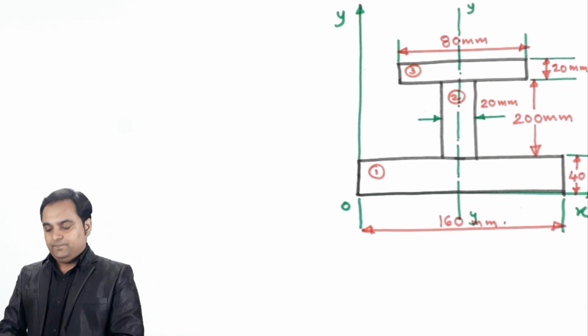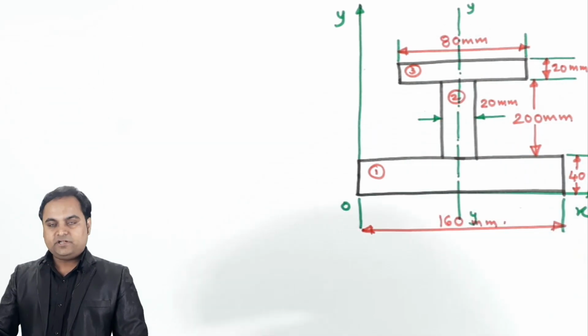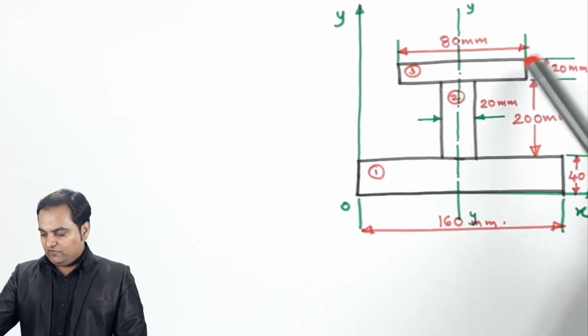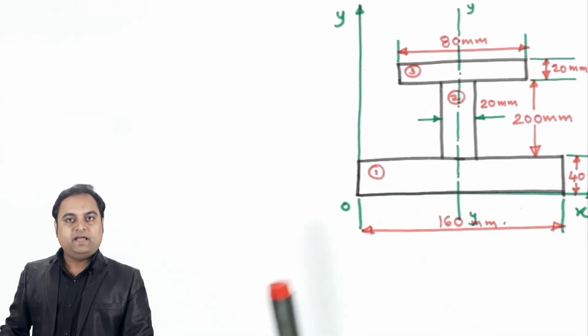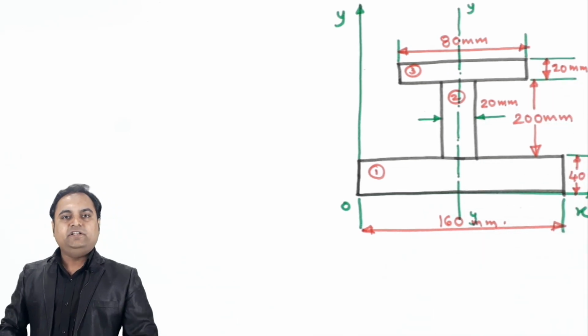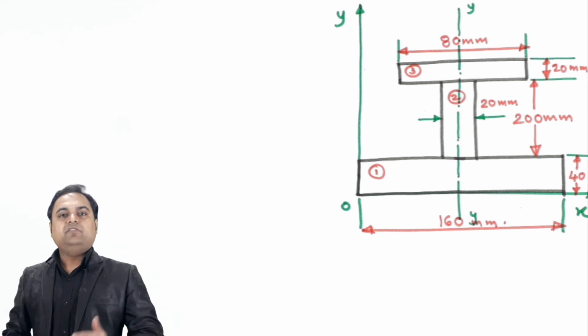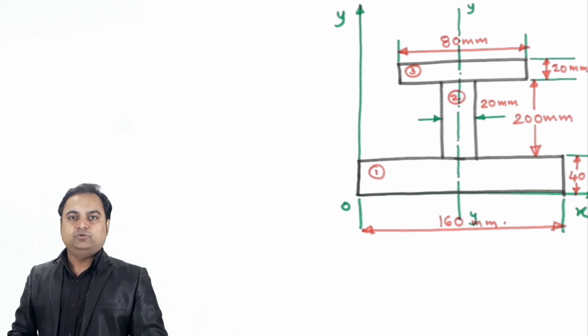And now as we see, this section is symmetric about y-axis, but it is unsymmetric about x because the top flange and bottom flange, they are having the different dimensions. So since it is unsymmetric about the x-axis, I would be finding the location of x-axis, and that would be called as y bar. Once we get y bar, we can move further into the problem.